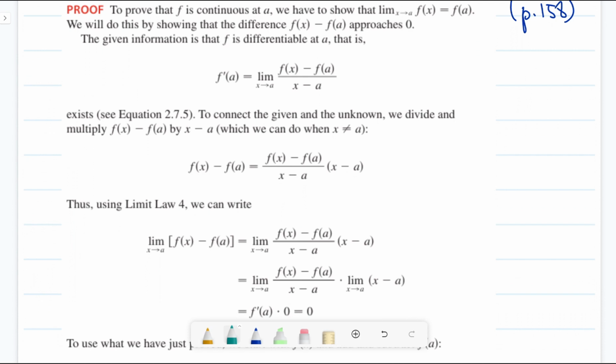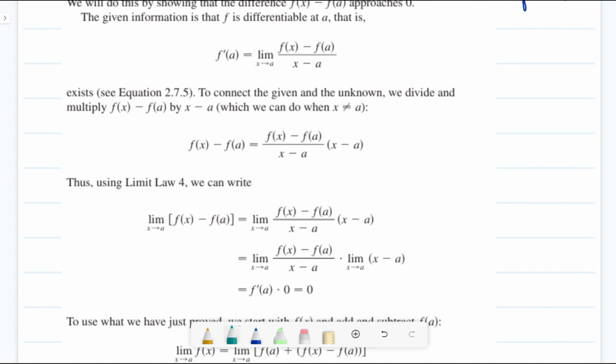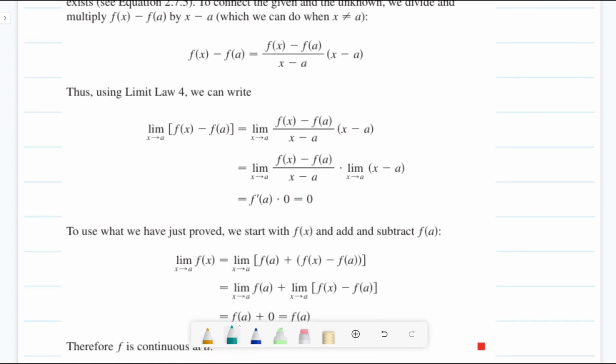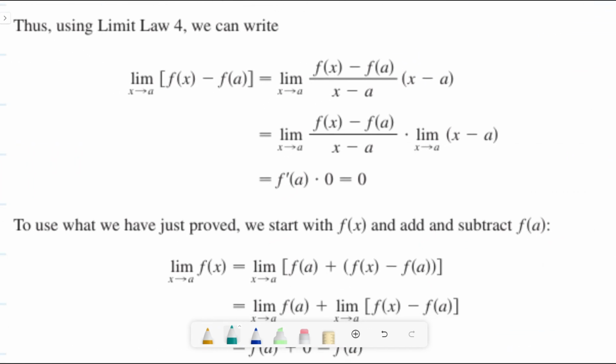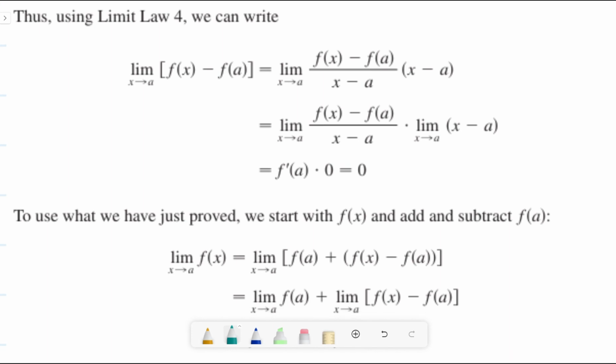However, the reason we did this is that now we can use limit laws. So let's take the limit of f of x minus f of a, the limit of this entire thing. When we take the limit of f of x minus f of a times x minus a divided by x minus a, we can now separate this into 2 limits. We have the limit of f of x minus f of a divided by x minus a, times the limit of x minus a as x approaches a.